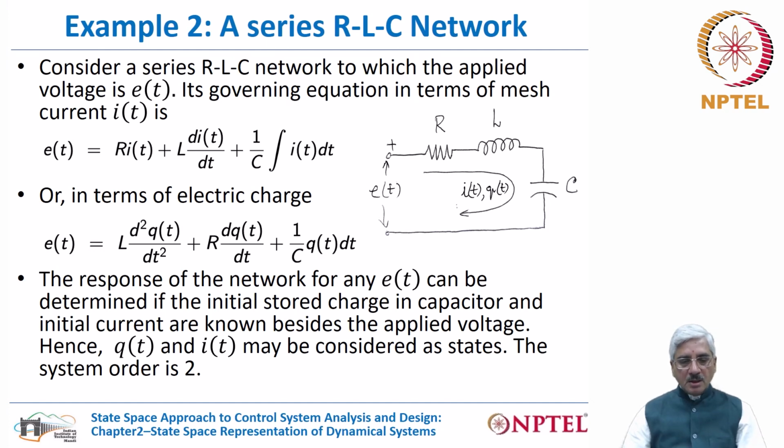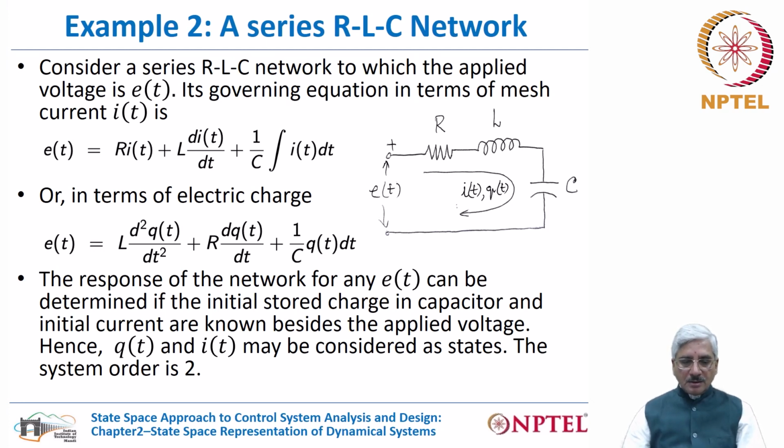What we do is we make use of charge instead of the current, and this equation can be converted into what is shown here. e(t) is L d2q by dt square plus R dq by dt plus 1 by C q.